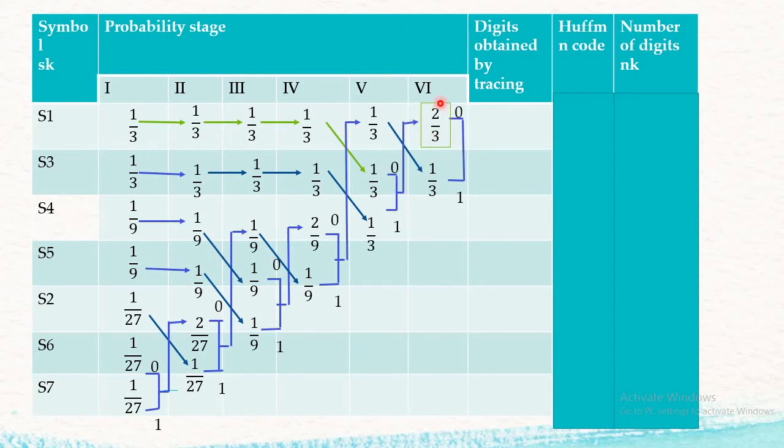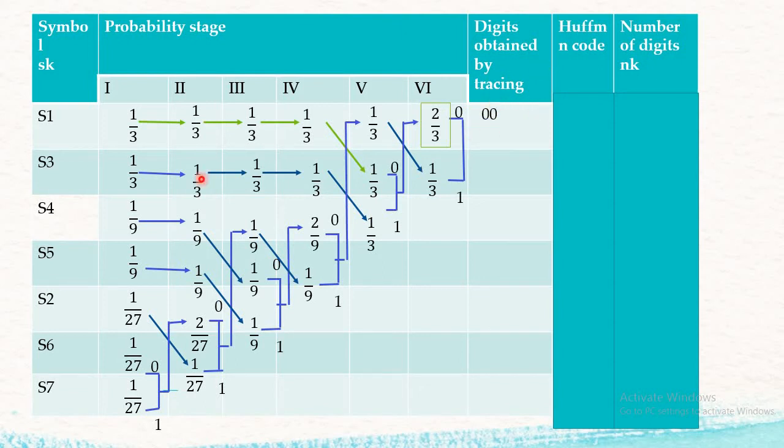From this 2 by 3 we have one more bit, which is assigned as 0. So what are the digits obtained by tracing? You start from this. Here no bits are there, but here one bit is added, that's a 0, and from this it goes to 2 by 3 and the next is 0. The digits obtained by tracing come out to be 0, 0.